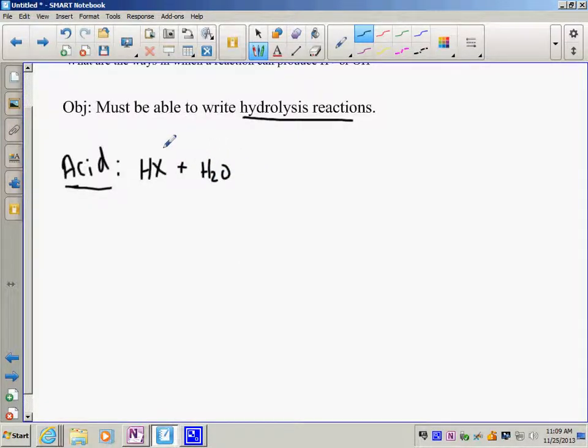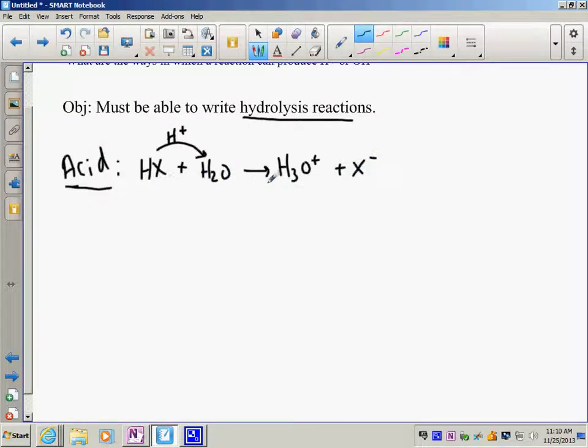Okay, it will dump its H onto this guy. In fact, it's going to be an H plus, meaning it left its electron behind with the X, with the anion. The result of this is going to be H3O plus, and then the anion is just all by itself.